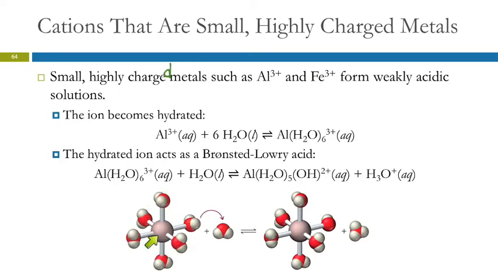So here we've got this aluminum with the 6 waters, and one of the hydrogens from the water can go onto a regular loose water molecule, and now we've got this ion. So we have one hydroxide in there, and the rest are still water. So that can happen.